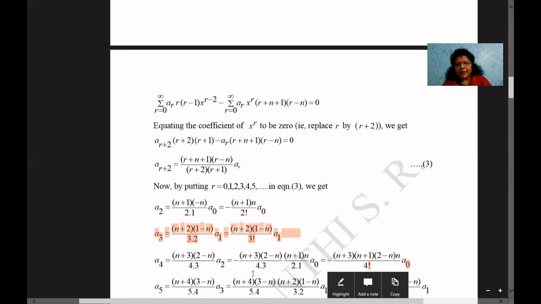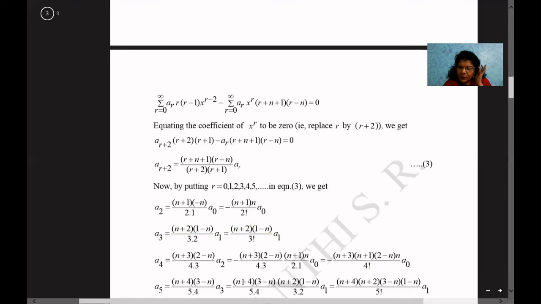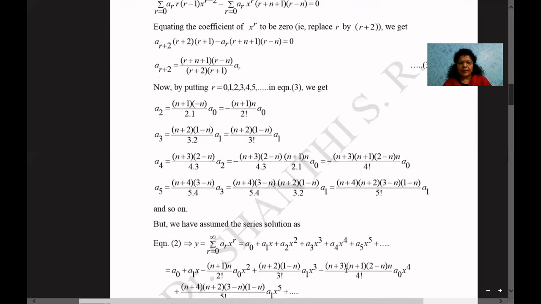Now I'll multiply the numerator completely and denominator completely. What will you get? (n plus 4)(n plus 2)(3 minus n)(1 minus n) divided by 5 factorial into A1. Correct? Thus we got the values of A2, A3, A4, A5.